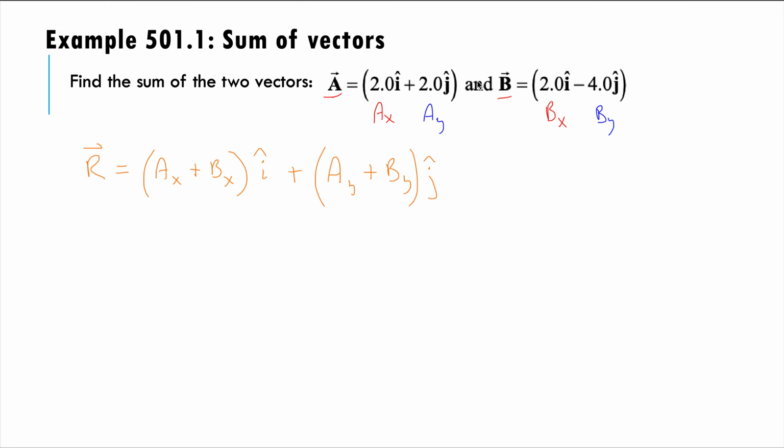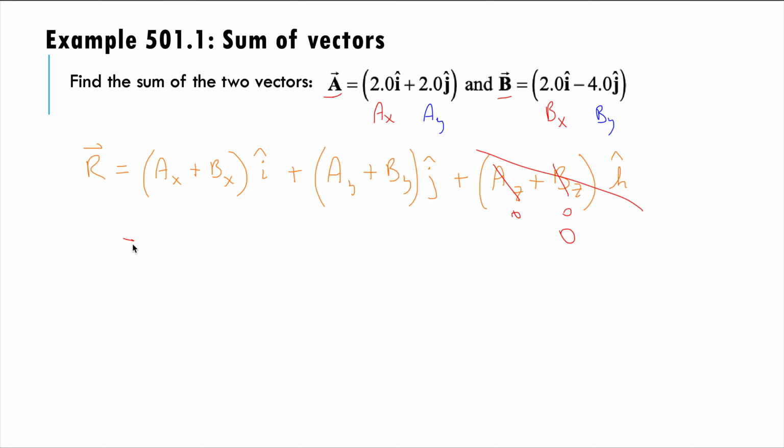If these were three-dimensional vectors, they had that z component, that k hat, then we would add az plus bz and follow it by k hat. In this example, both az and bz are 0, so this whole thing cancels out to 0.